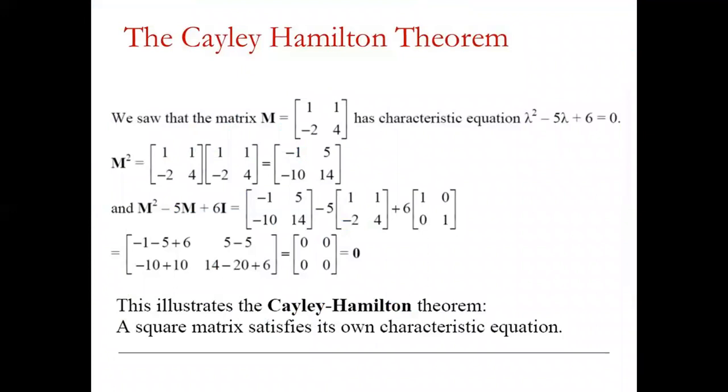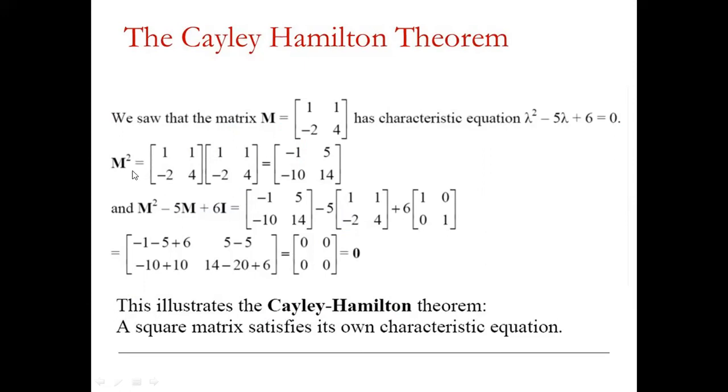Let us look at a small example of the Cayley-Hamilton theorem. We saw that matrix M, which is a 2 by 2 matrix, 1, 1, minus 2, 4, has characteristic equation lambda square minus 5 lambda plus 6 equal to 0.